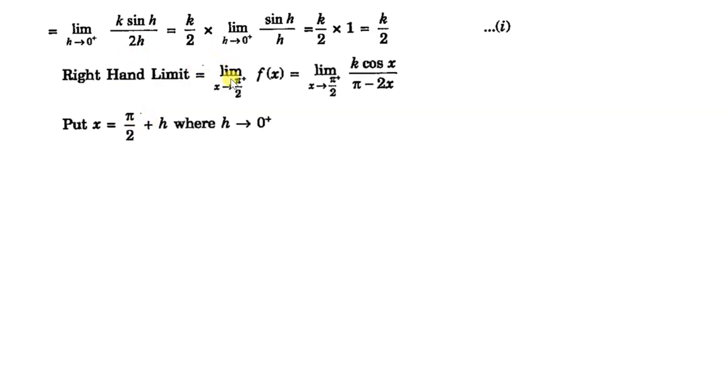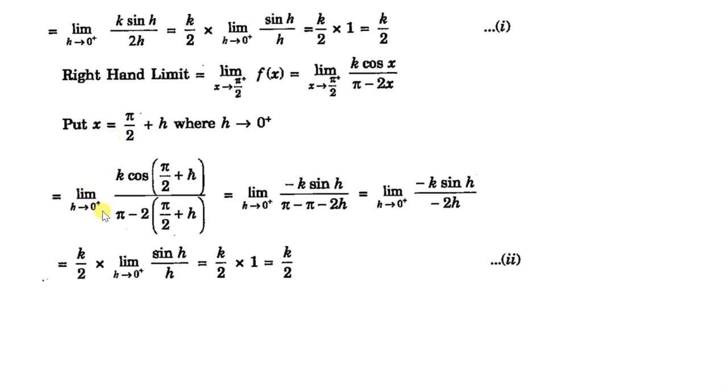Similarly, find the right hand limit. On the right of pi by 2, the function is also defined by k cos x upon pi minus 2x. So f(x) will be replaced by k cos x upon pi minus 2x when we find the right hand limit at x equal to pi by 2. So put x equal to pi by 2 plus h, and h tends to 0. So we get the limit as h tends to 0 from the right of k cos (pi by 2 plus h) divided by pi minus 2 times (pi by 2 plus h).